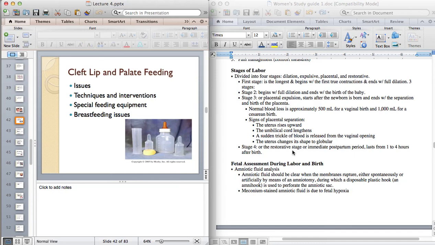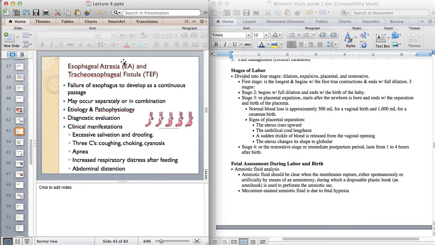Okay? Now this is another structural deformity that you will see in the immediate newborn period. What you will notice is that the esophagus has no continuous passage into the stomach, so there is a blind end. One thing you will notice is that if they are putting an NG tube on the patient as part of the immediate newborn assessment, you notice that the NG tube is coiling in the mouth or not even going any further.